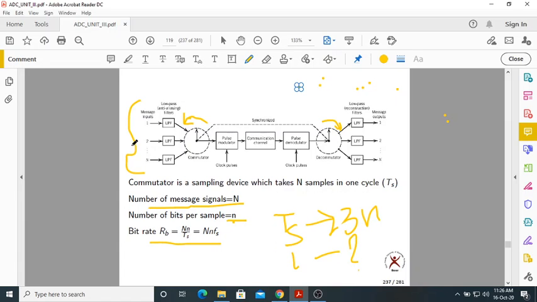Ts is nothing but the sampling period. Here, 3 equals capital N. So the bit rate is N into n into fs, or N into n by Ts.